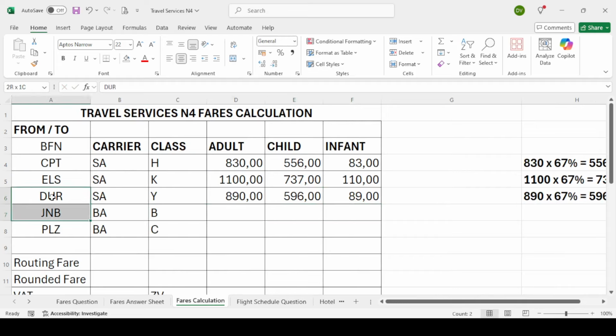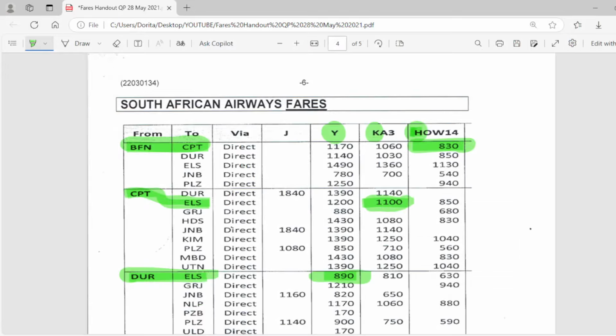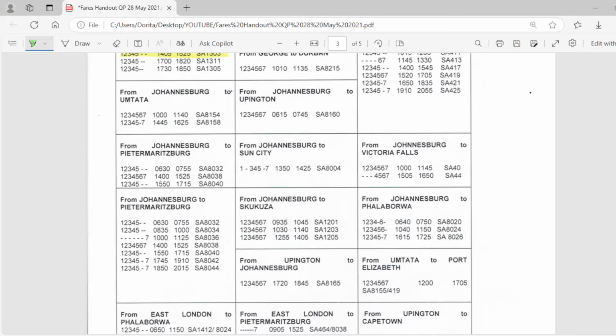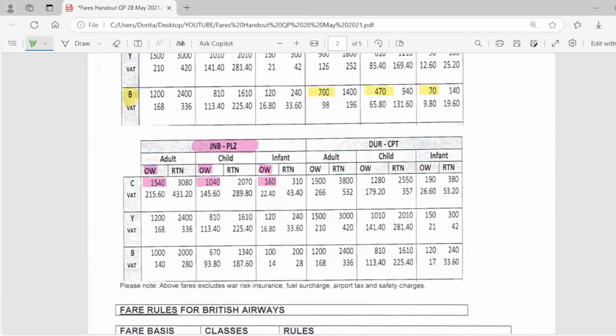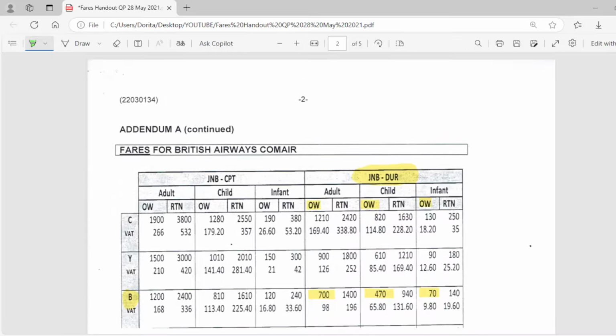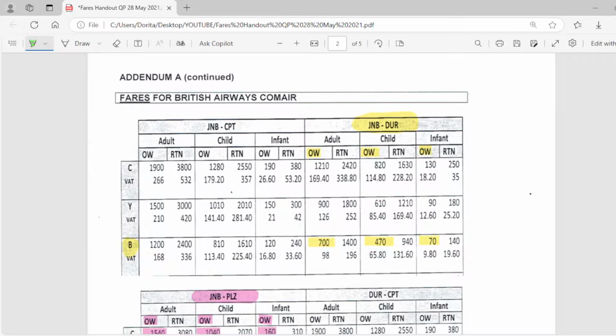Our next flight is from Durban to Joburg, and now it's a different carrier. It is now British Airways. So we have to find this flight on our fares handout, and we have to find it under British Airways. So you look through your fares handout, you find the fares for British Airways. Here we go. The route that we want is Durban to Joburg. We don't have a Durban to Joburg, but we've got Joburg to Durban.